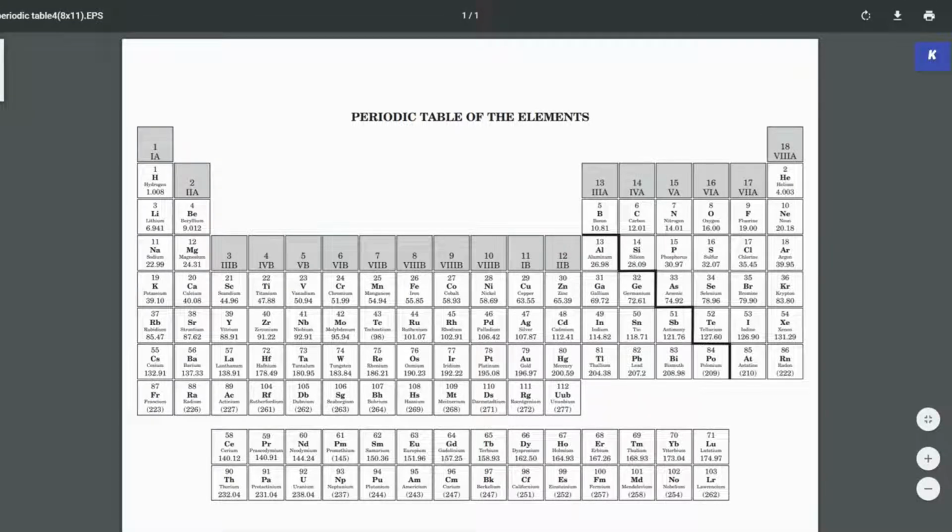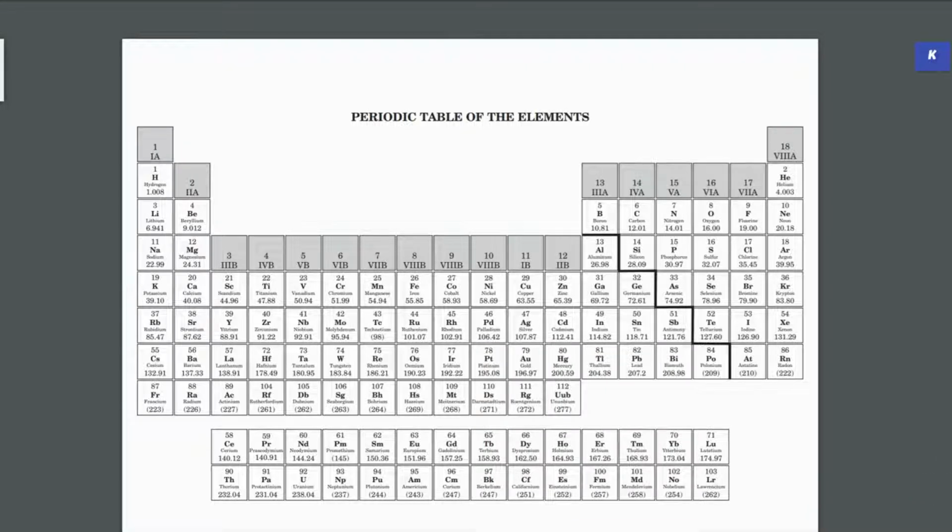So I wanted to talk about that, and the importance of that has to do with reactivity. Remember that if there's only 1 electron in the outermost shell, it wants to join somebody else that would be missing just 1 electron, and that way they're going to join together.